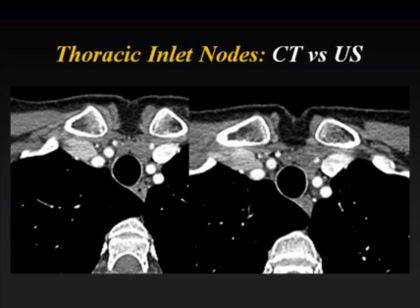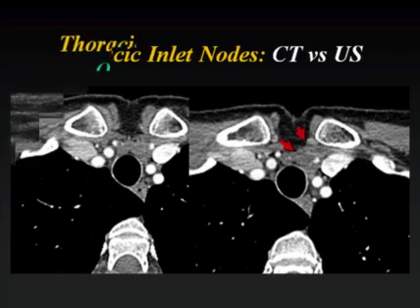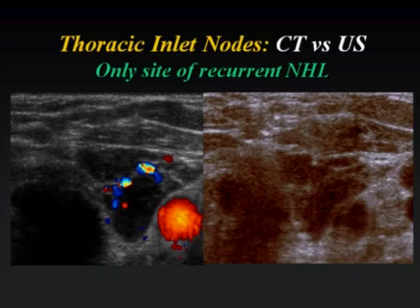It should also be pointed out that there are certain anatomic regions, such as the thoracic inlet, that are somewhat tricky to evaluate with CT, and this is a patient who had CT of head and neck read as negative for lymphadenopathy. It's only in retrospect that we can see soft tissue fullness in the thoracic inlet. Now, the cervical lymphadenopathy is much easier to see with ultrasound.